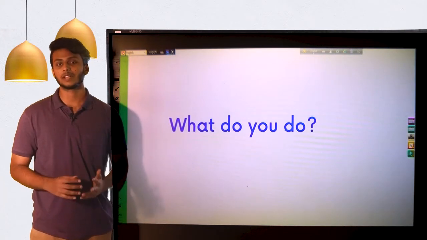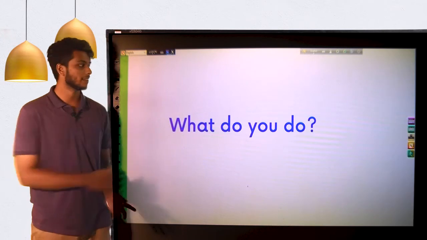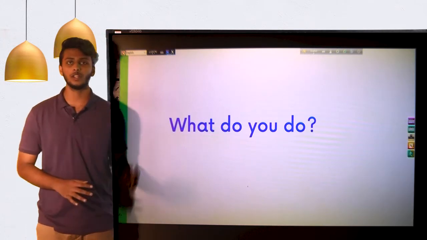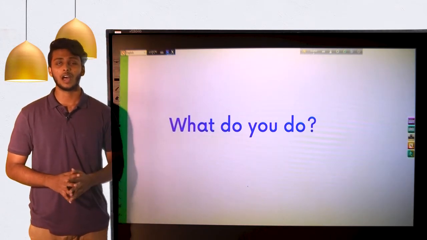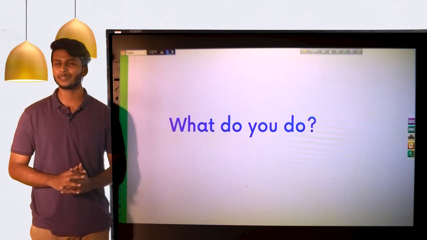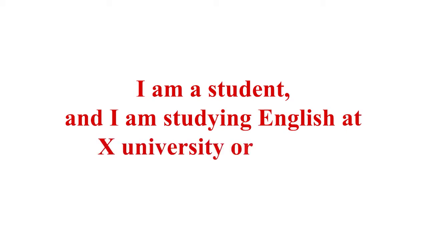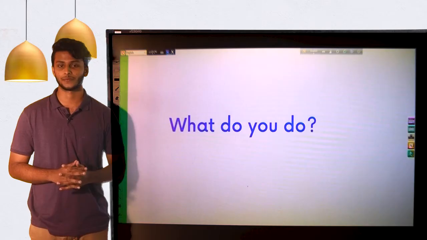Okay, now let's look at the questions the examiner might ask. Firstly, they may simply ask, what do you do? Answer this question very briefly. If you're a student, you can simply say, I am a student and I am studying at X university or X college.